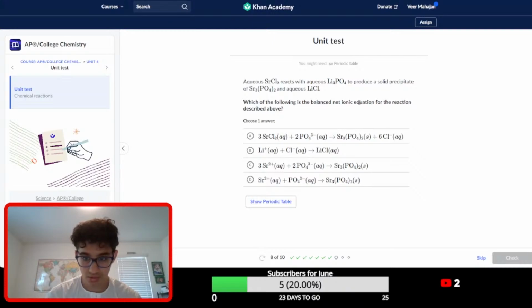Okay, good. Now just 3 more now, right? So this reaction produces a solid precipitate and aqueous lithium chloride. Okay, so the solid precipitate will remain there. Lithium chloride, if that's aqueous, we'll have a lithium ion there, and a chloride ion there.